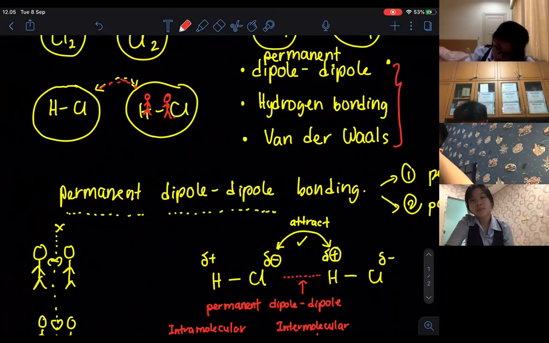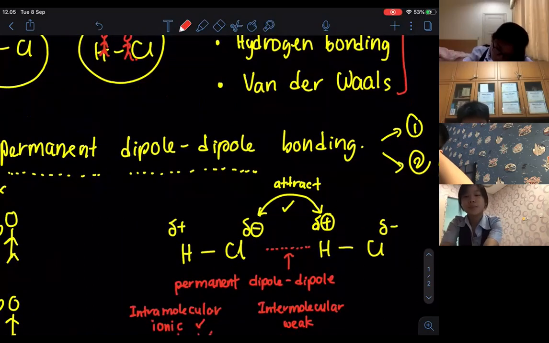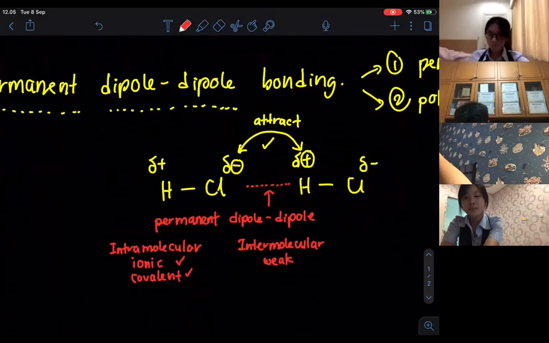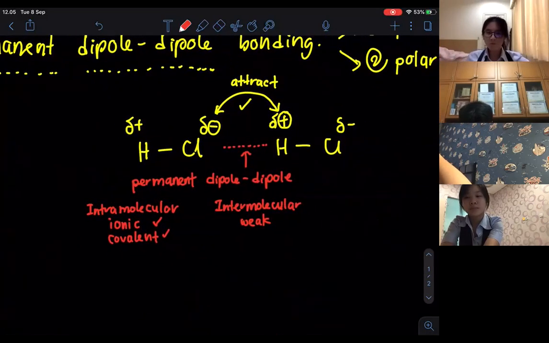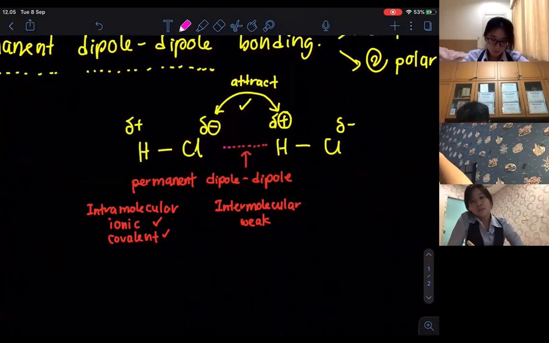This bond is much stronger compared to the other relationships, even though they are always together. So do take note, even though the term permanent dipole-dipole is used over here, when I supply heat, the first bond that will be broken is this particular bond.